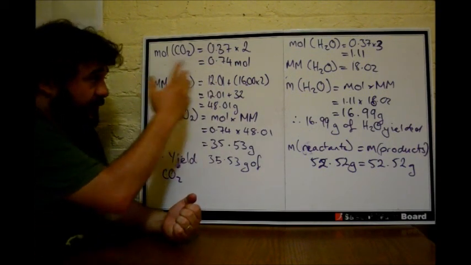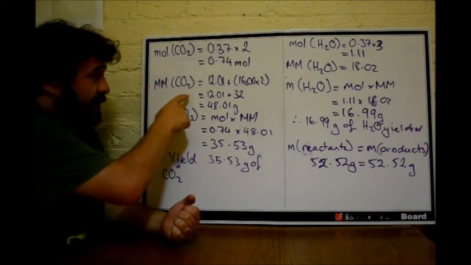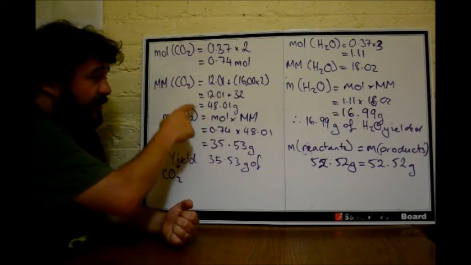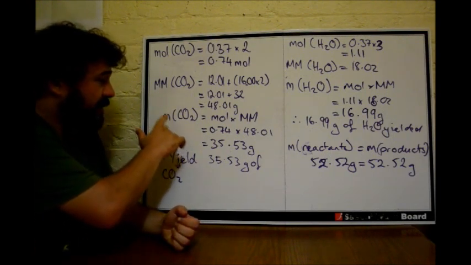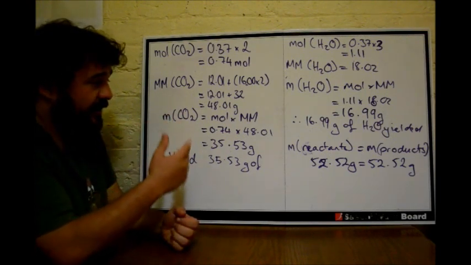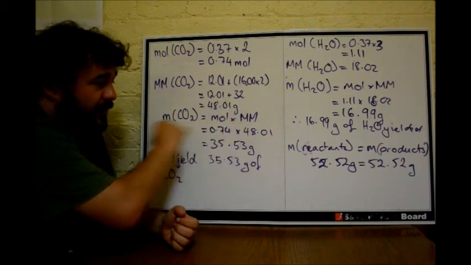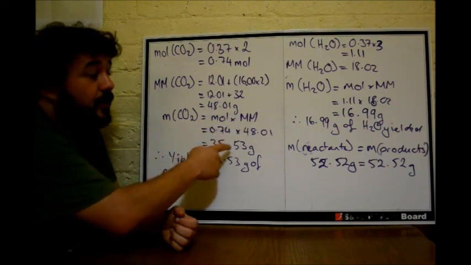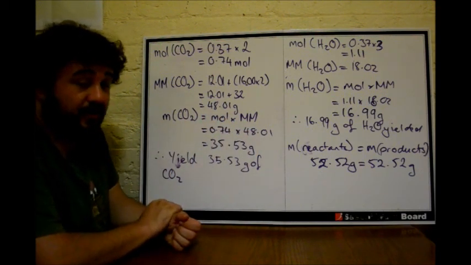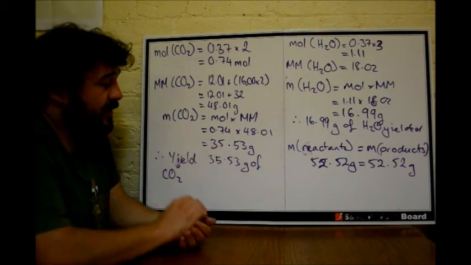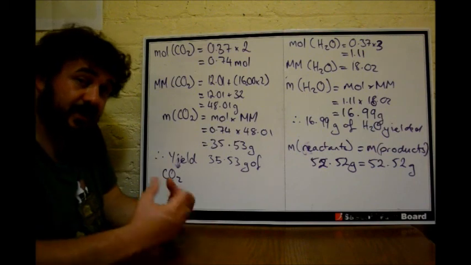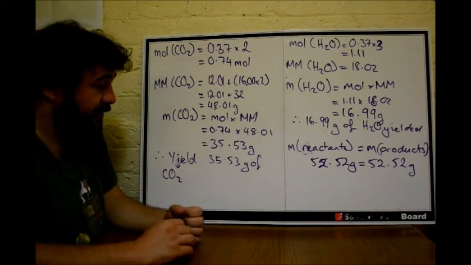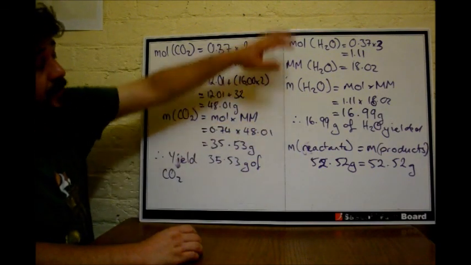Same formula, the molecular mass for carbon dioxide is 48.01 grams. The mass that we'll have at the end is the moles times the molecular mass, 0.74 times 48.01, and this gives us 35.53 grams. So we will get out of it 35.53 grams of carbon dioxide.